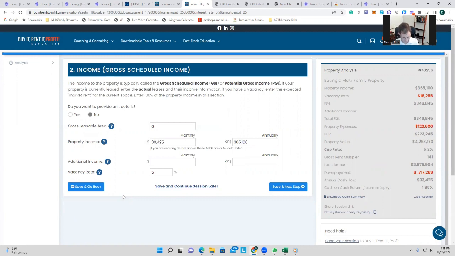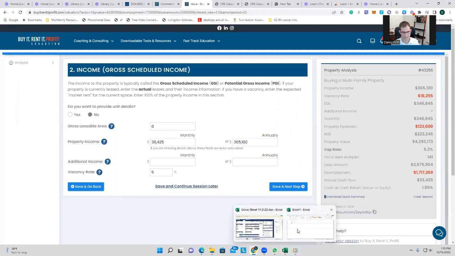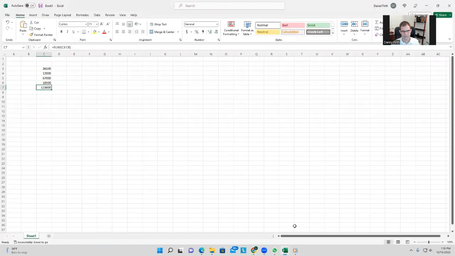And so what I'm going to do is just run some quick numbers to increase the annual income and see what it turns out to be. So what you can do is you can say, okay, this particular one, there are 24 units. And I'm going to increase the monthly rent by $250.